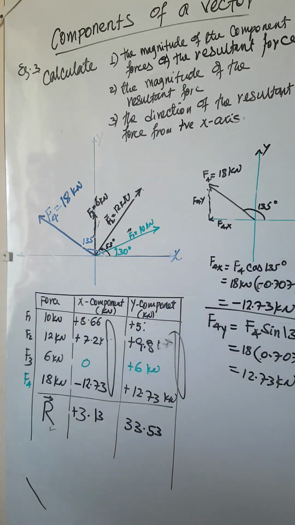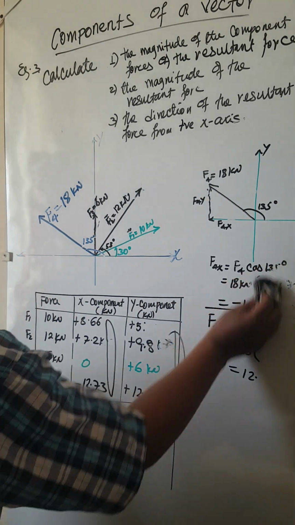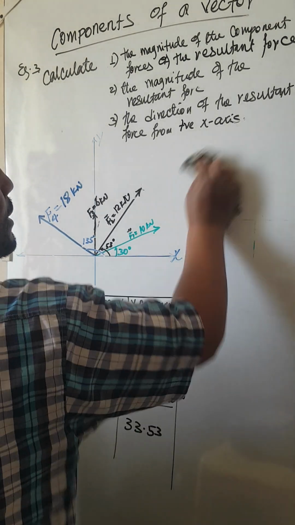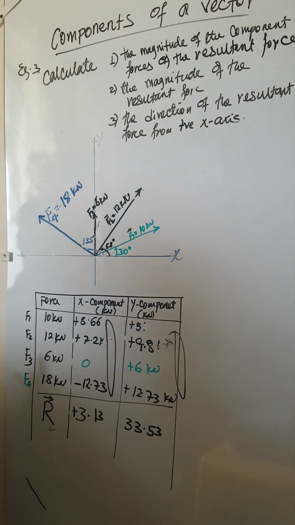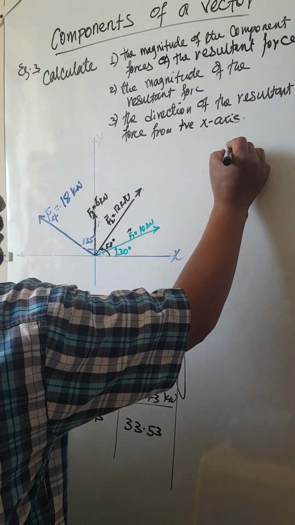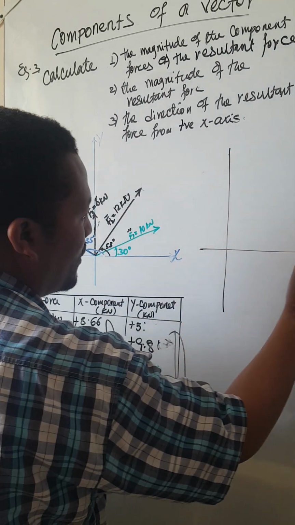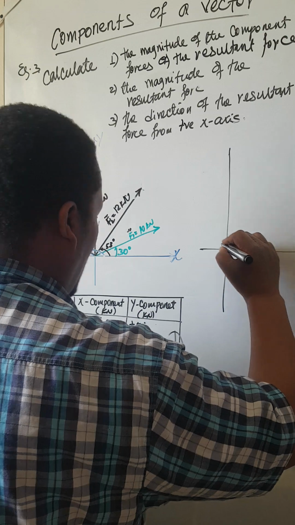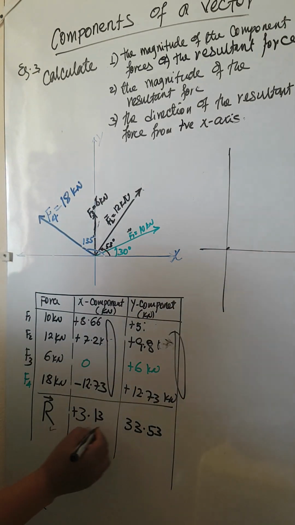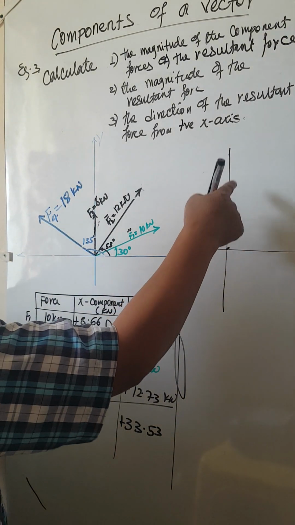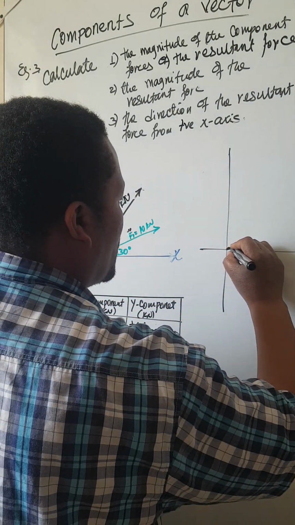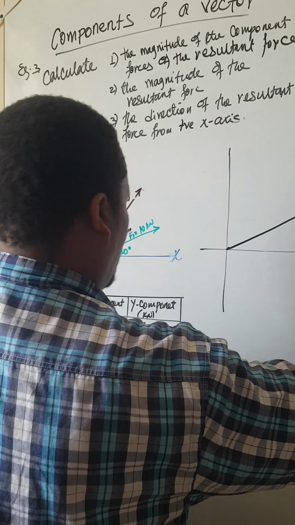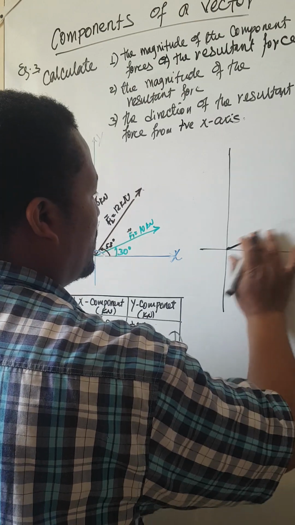So the resultant vector can be simply represented as a force having this component of x and y. Now here we have R. Both are positive: y is positive in this quadrant, x is positive in this quadrant, so the resultant is lying here in this one.